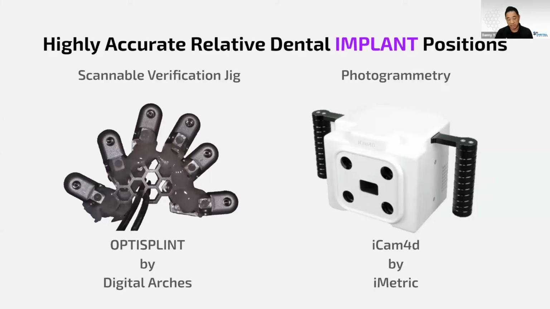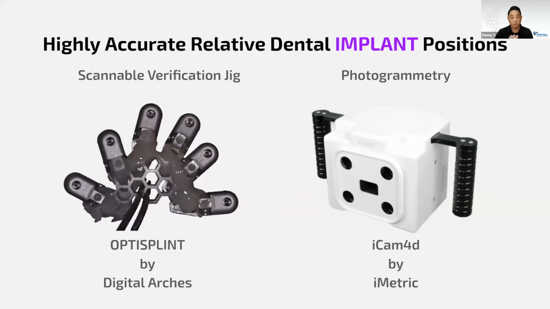So OptiSplint technically isn't an intraoral scanning device. We don't necessarily recommend scanning OptiSplint in the mouth, nor do we say that scanning OptiSplint with an intraoral scanner is going to be the most accurate way to capture the dental implant positions.